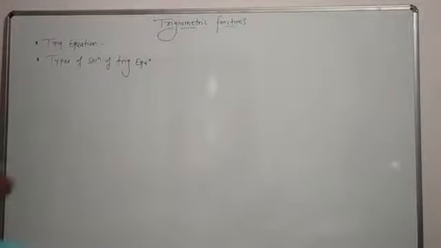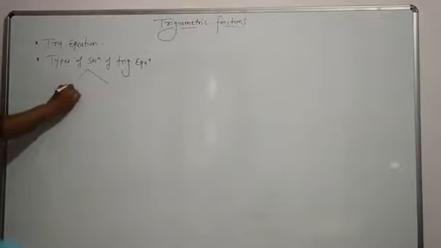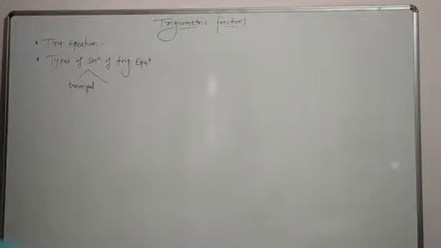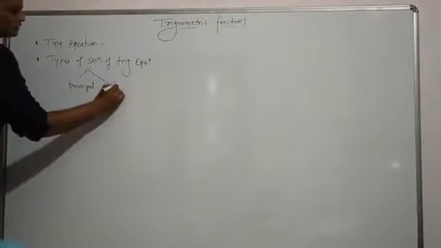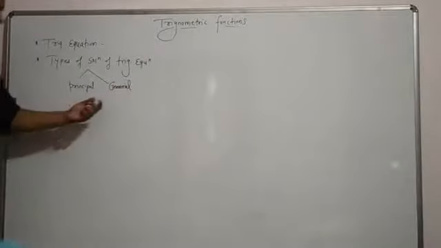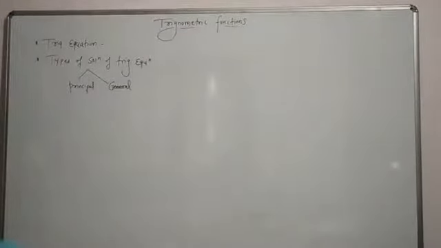We saw that there are two types of solution of trigonometric equations, the principal solution and general solution. So we have to study these two types of solution of trigonometric equation.